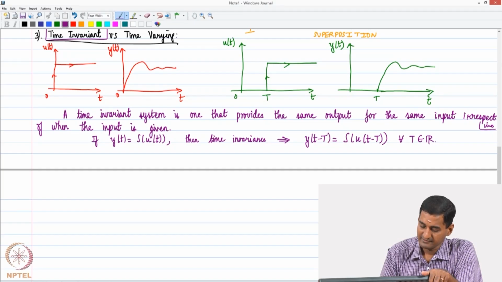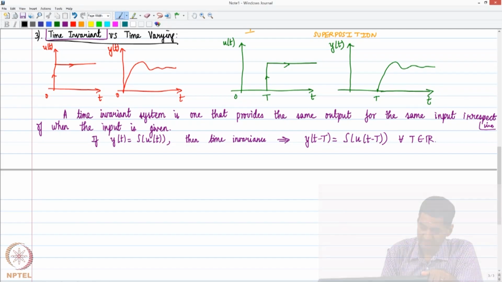Another classification that we are going to do is that of causal systems versus non-causal systems. So, what is a causal system?